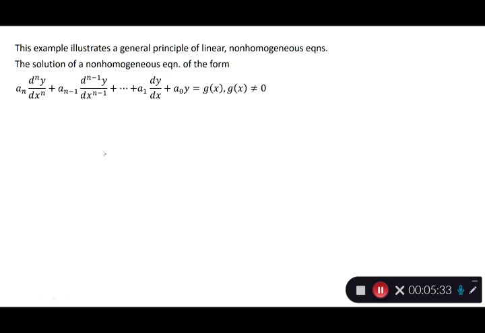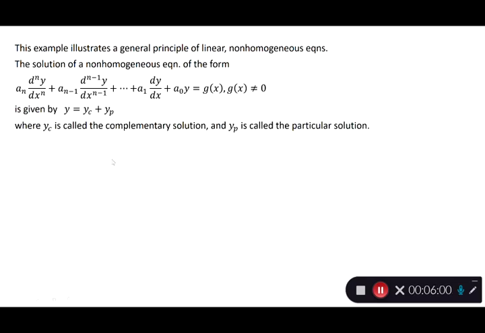This concept applies even if you just have a linear equation, meaning a sub n minus 1 and the others could be any functions of x, not just constant functions. What happens is the general solution y is made up of y sub c, the complementary solution, and y sub p, the particular solution. How do you get the complementary solution? By solving the associated homogeneous equation.